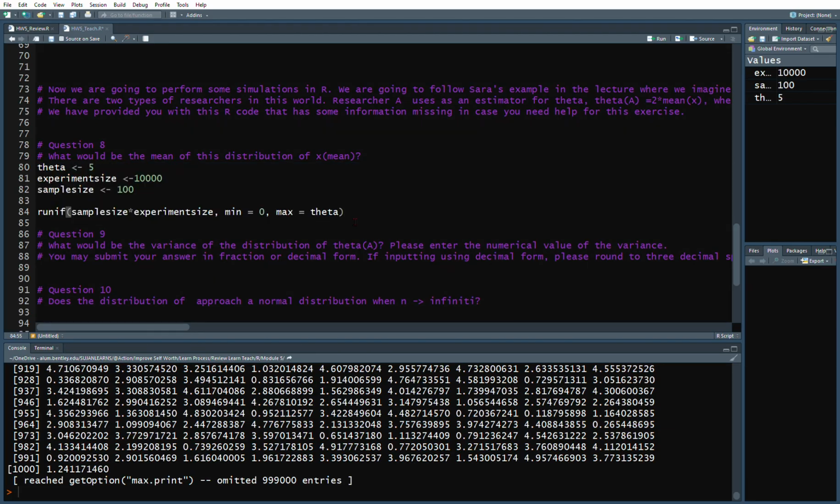Once we have it, we're going to put this into a matrix such that each vector of the array has length sample size, and the number of rows the array will have is equal to experiment size.